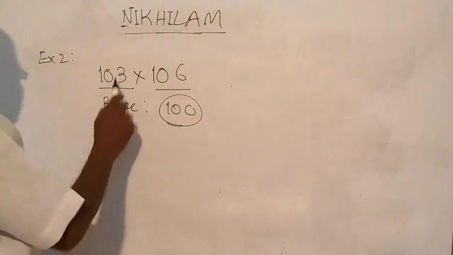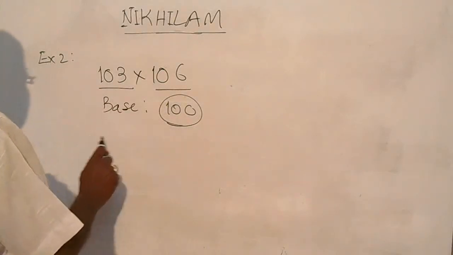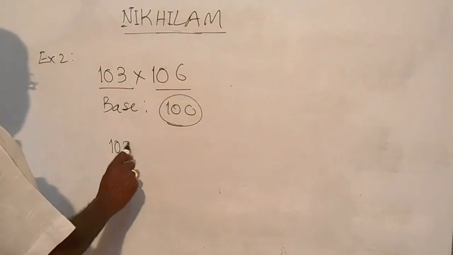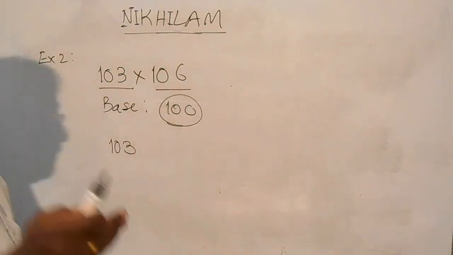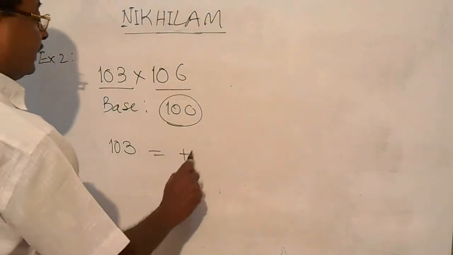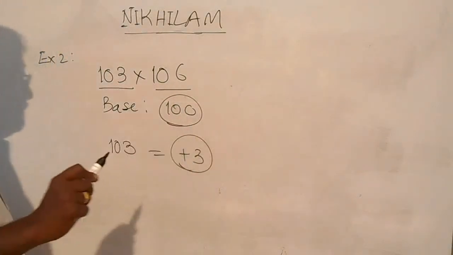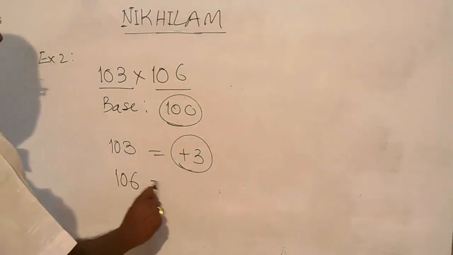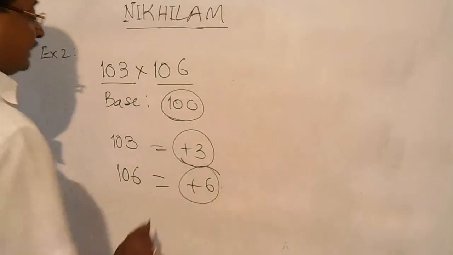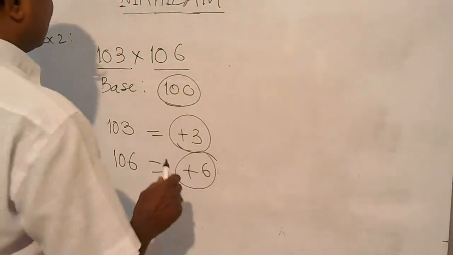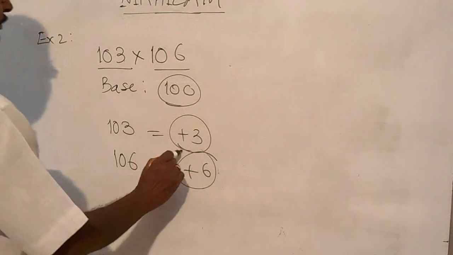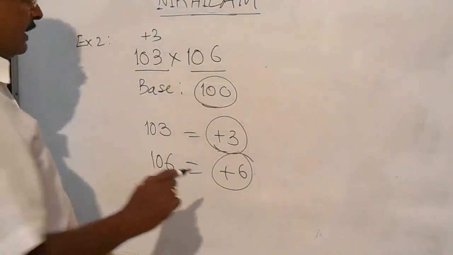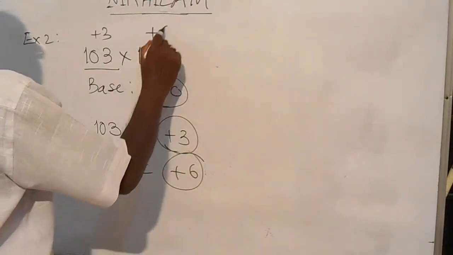So 103 is 3 more than 100, so it is plus 3, and 106 is 6 more than the base, so plus 6. I write plus 3 on top of 103 and plus 6 on top of 106.